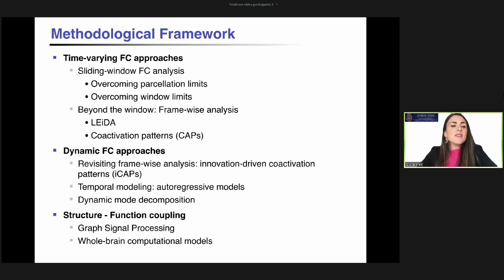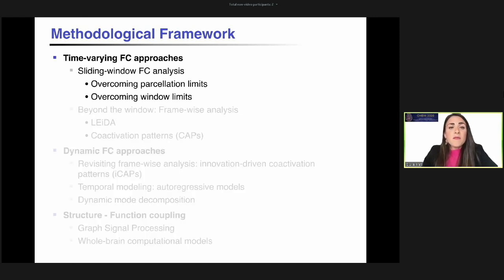And then last, I will also touch on methods that include or try to include the structural connectivity information in the exploration of functional dynamics, as this is also a very prominent and promising line of research. But first, we start from time-varying functional connectivity approaches, and in particular from sliding window FC analysis, which is currently still the most commonly used in literature.